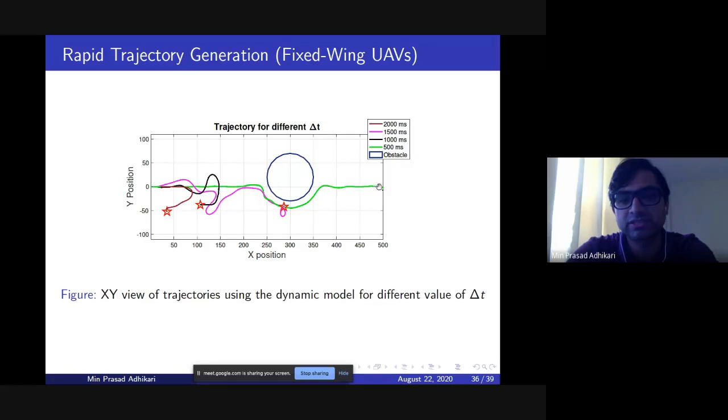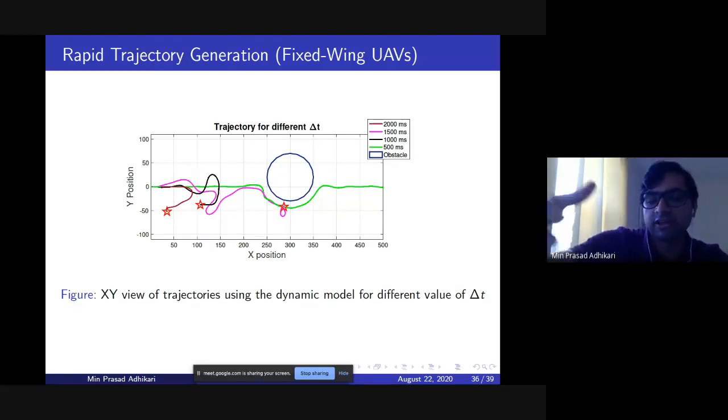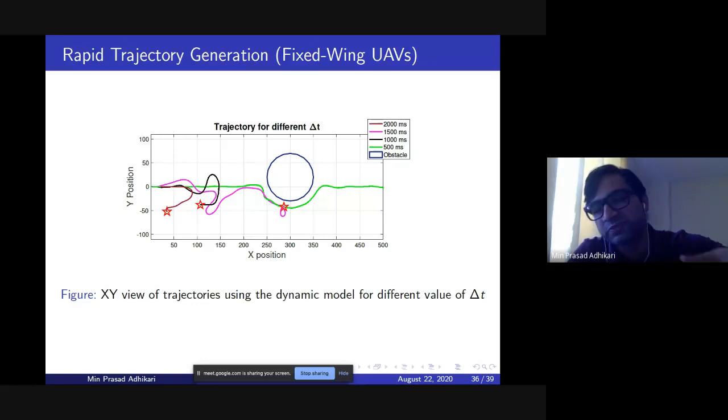Still, you can see it wobbles a little bit, waving around along the reference path. So the dynamic model is definitely better than the kinematic model, but you want to solve that problem at a higher frequency, meaning less than, let's say, 500 milliseconds, like 200 milliseconds if you can, or 100 milliseconds, to get a good trajectory to fly around the obstacles and avoid them.